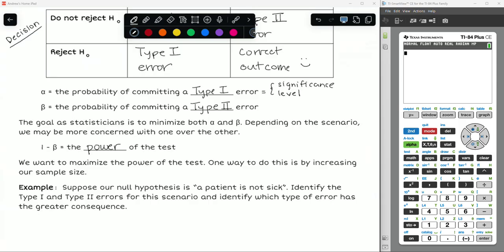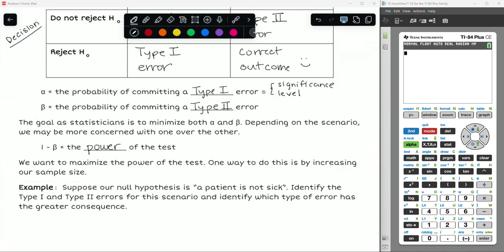Unlike the probability of committing a type 1 error, where we have control over it because we're determining the significance level we're using, this we have less direct control over, and calculating it is a little bit more difficult, but we do know that we can reduce it by increasing our sample size.